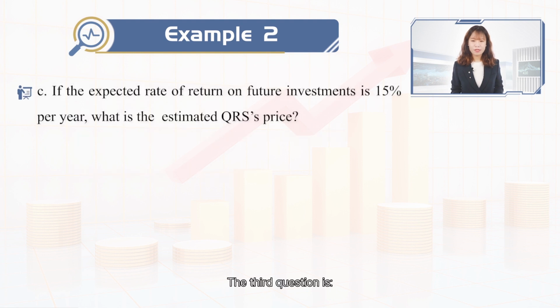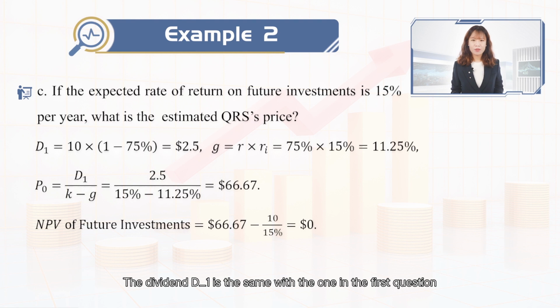The third question is, if the expected rate of return on future investments is 15% per year, what is the estimated QRS price? The dividend D1 is the same as the one in the first question, $2.5.